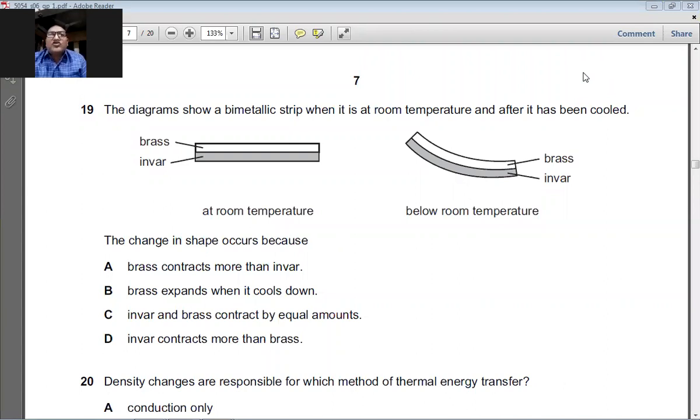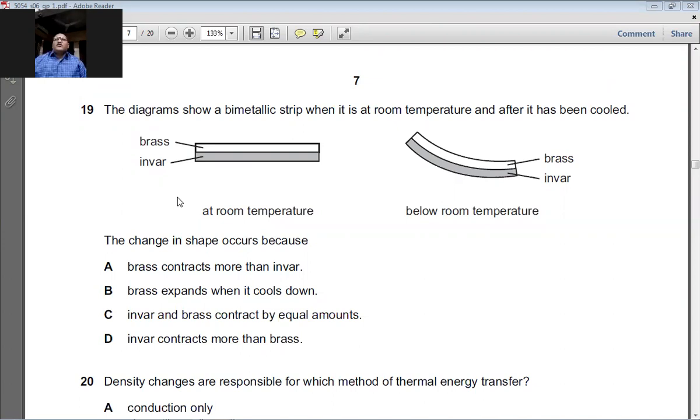The diagram shows a bimetallic strip when it is at room temperature and after it has been cooled. The change in shape occurs because, you see, this is at normal temperature, and this white portion is showing brass and this gray portion is showing invar.